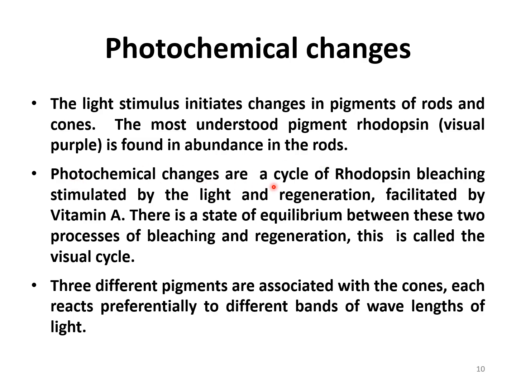Photochemical changes are a cycle of rhodopsin bleaching stimulated by the light and regeneration facilitated by vitamin A. There is a state of equilibrium between these two processes of bleaching and regeneration. This is called the visual cycle. Three different pigments are associated with the cones. Each reacts preferentially to different bands of wavelengths of light.